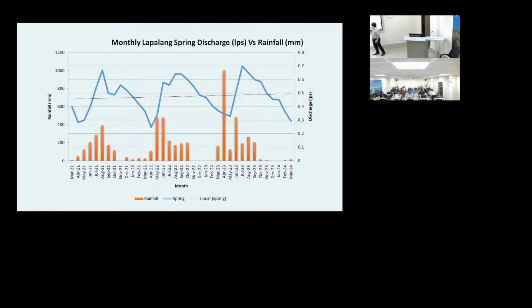At least it has some gap. Say in April, there is huge rainfall, especially in May, June, but the peak period is only in August. So it takes time for the spring aquifer to get recharged.